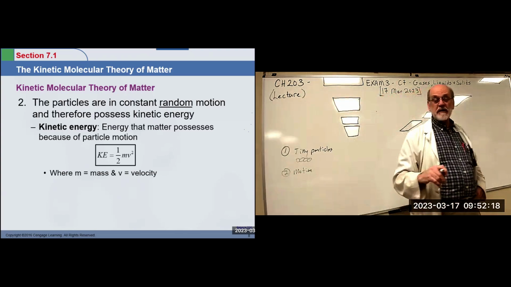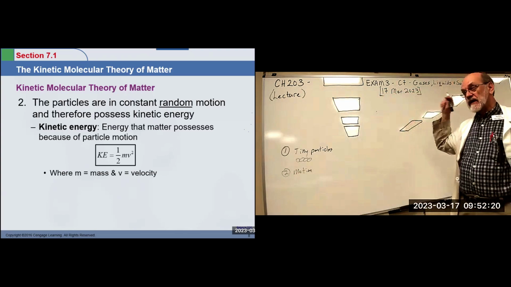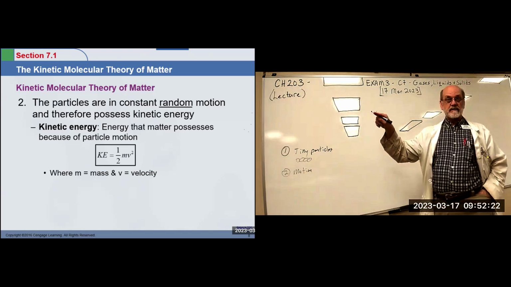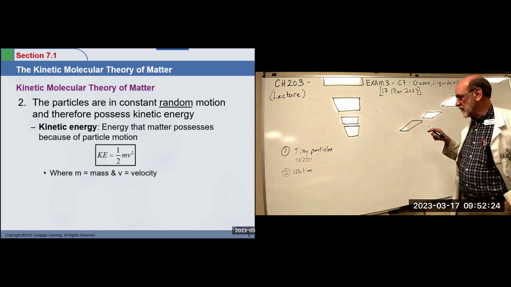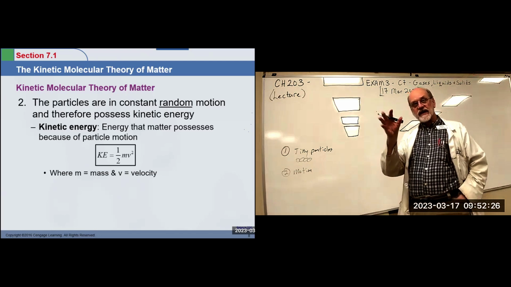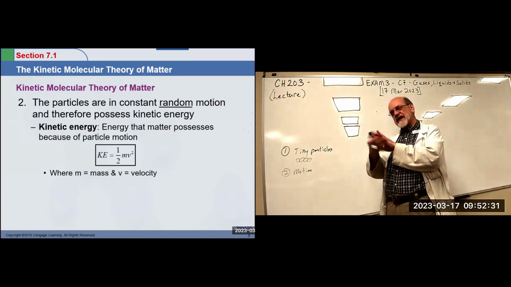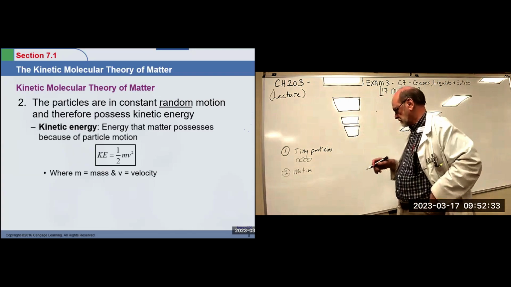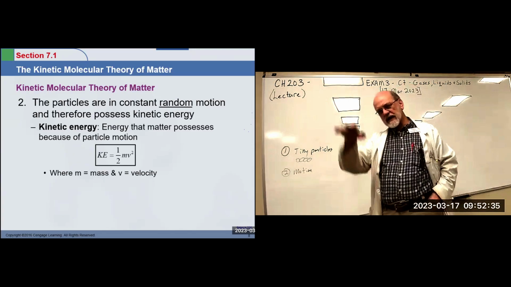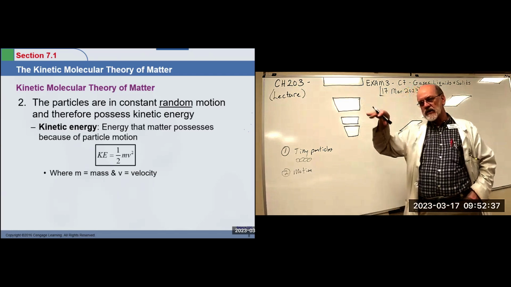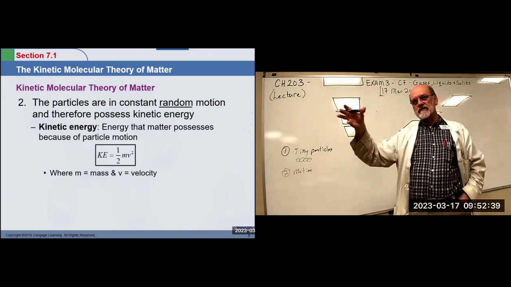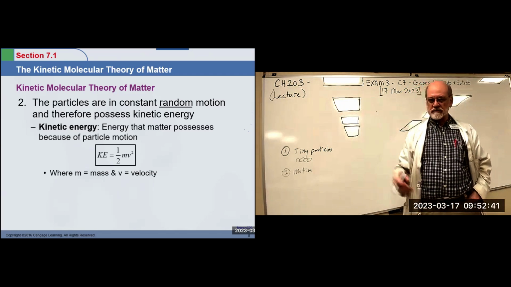Now, if it's a gas, they're moving in a straight line until they smack into somebody. If they're solids, then they're just vibrating. If they're liquids, then they're vibrating because they're moving past one another. So as you go from a solid to a liquid to a gas, you get more of the linear transformation of their motion.